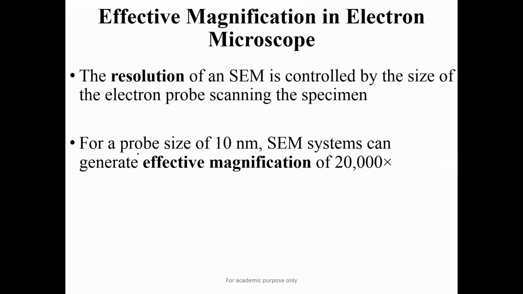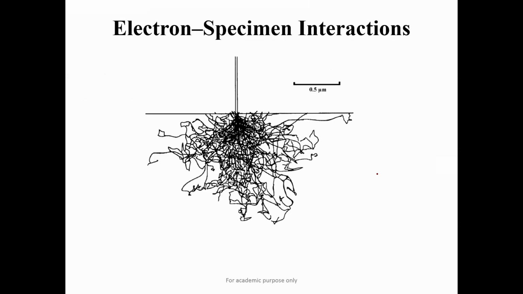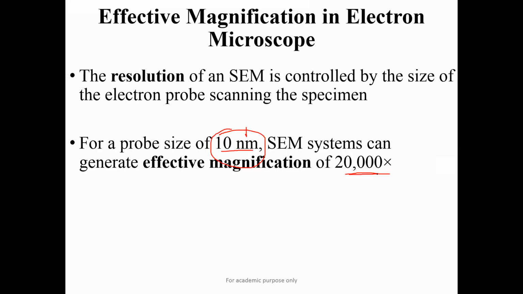Now suppose you have a probe with a 10 nanometer diameter, or Dp. This is the size of the probe over the specimen. So the system can have an effective magnification up to 20,000. If you further decrease the size, your effective magnification will increase. What does effective magnification mean? It means the image has useful information. If you are just increasing the magnification, it is possible the image may not have good information.